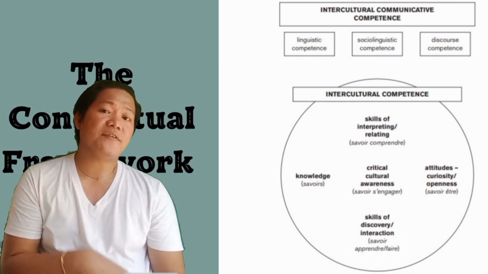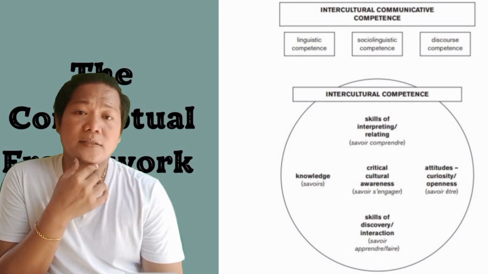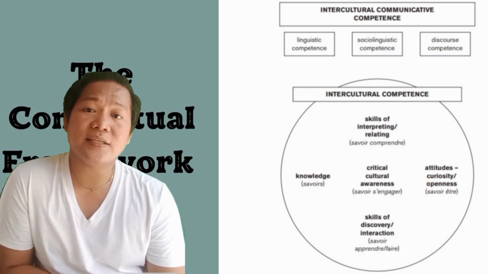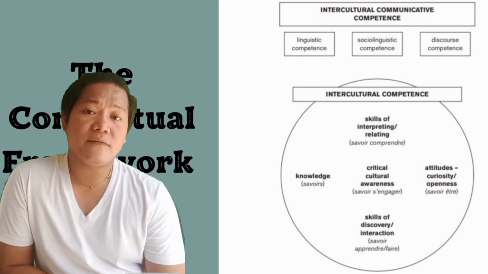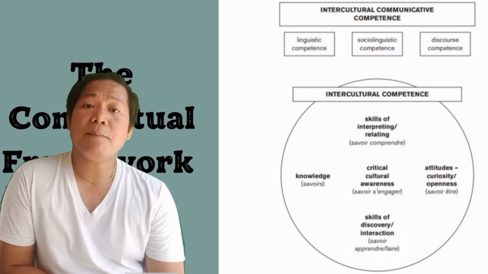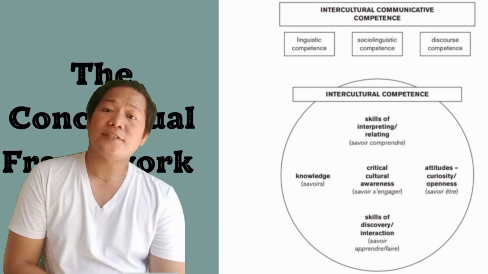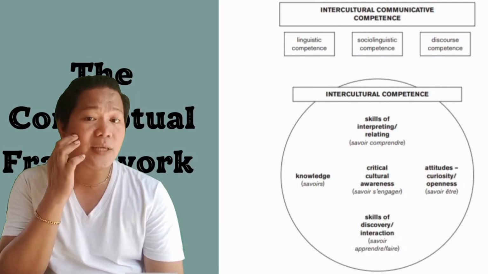The second part of the framework identifies the five savoirs, or components, linked to the cultural dimensions of the intercultural speaker's competence. The first two are considered prerequisites for successful intercultural communication.